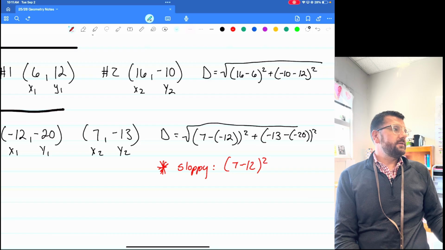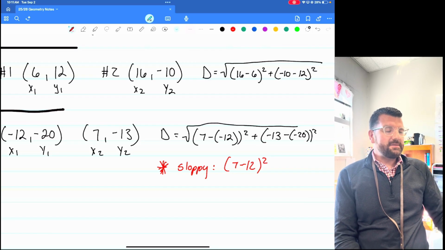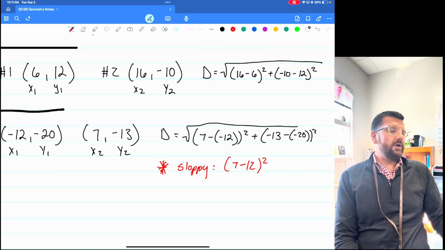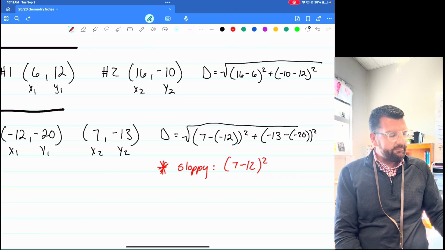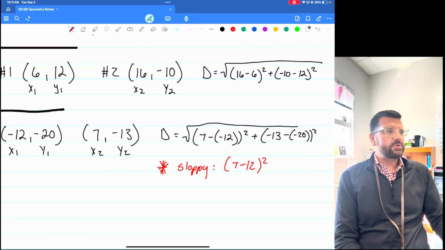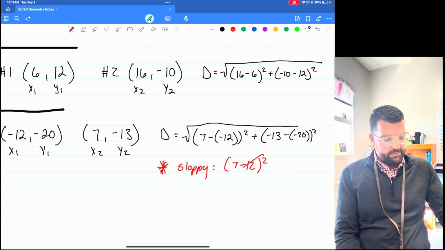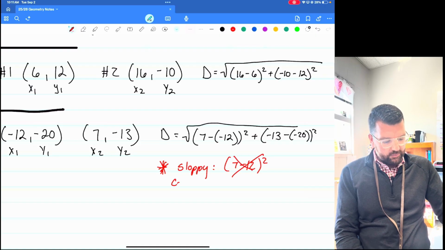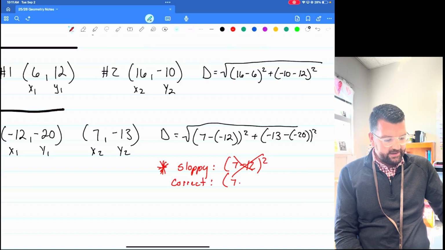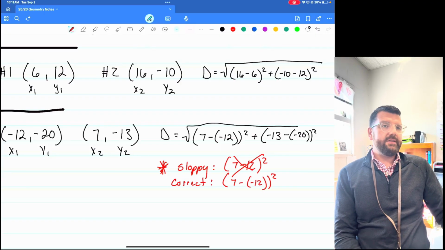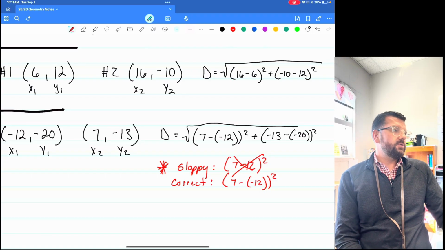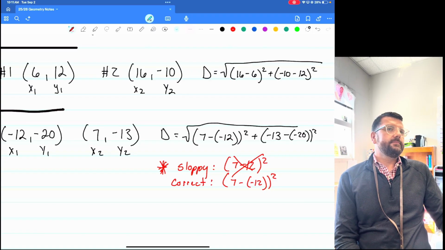Okay, sometimes I'll get sloppy. And then when I go to solve this, I'm like, oh, is that 7 minus negative 12 or is that 7 minus 12? And I don't want it to be that way. I want it to be correct, which is why I write it 7 minus parentheses negative 12 squared. Okay?